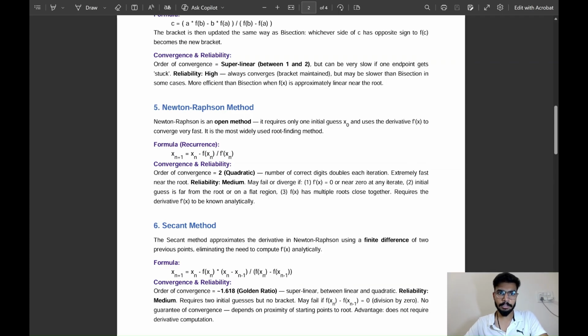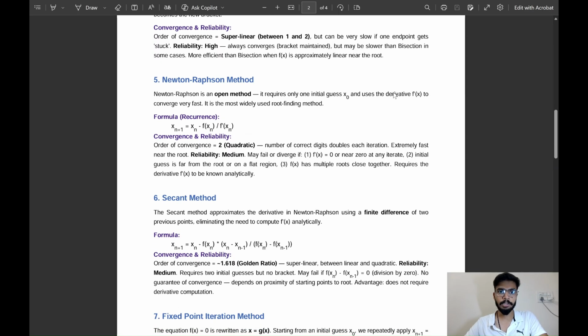Now we will see our next method, the Newton-Raphson method. Newton-Raphson is an open method. It requires only one initial guess x0 and uses the derivative f'(x) to converge very fast.